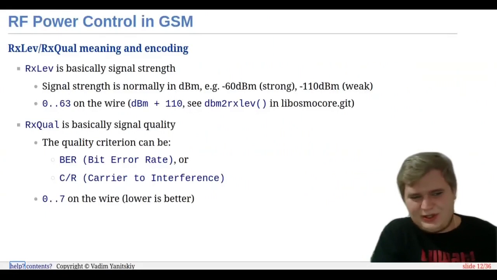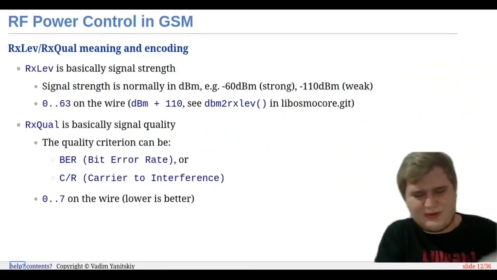For the Rx quality, the range is even lower. It's only 8 unique values. And unlike the Rx level, where the value 0 means bad and 63 means best quality, in this case, it's vice versa. 0 means perfect channel conditions, no or insignificant interference, and 7 means worst possible conditions.